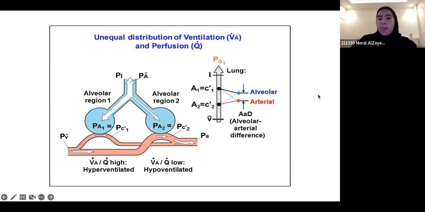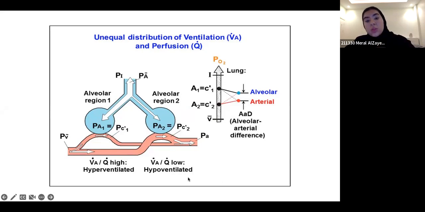Okay. Now, we just discussed the partial pressure of oxygen in the alveoli. Now let's talk about the partial pressure of oxygen in the arterioles. Okay, arteries. So we just said that the alveolar region 1 is less perfused. Here, do you see the thin artery?